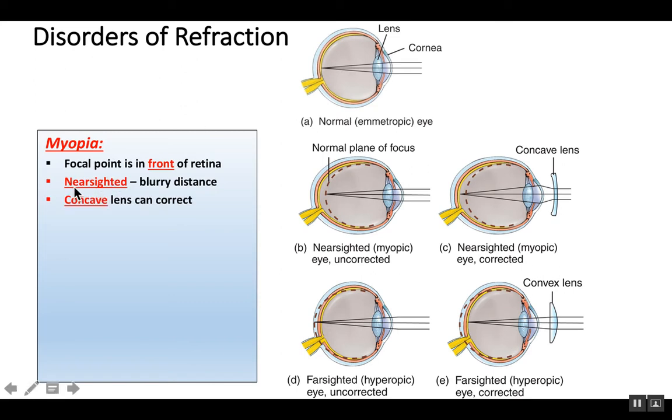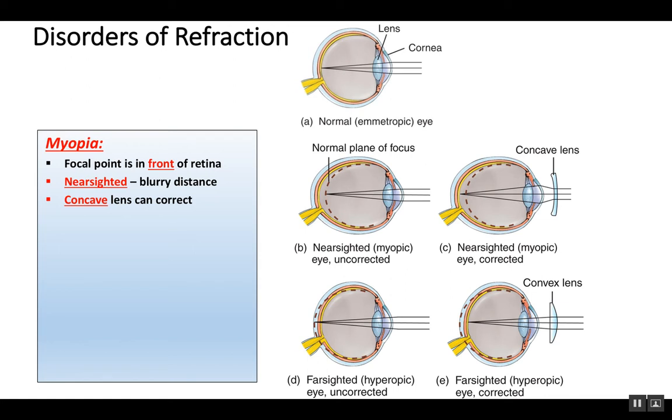Myopia, often called nearsightedness, is when you can see close objects clearly, but objects in the distance are blurry. The cause of this is a premature focal point. So as the light rays enter the eyeball, the focal point happens in front of the retina.